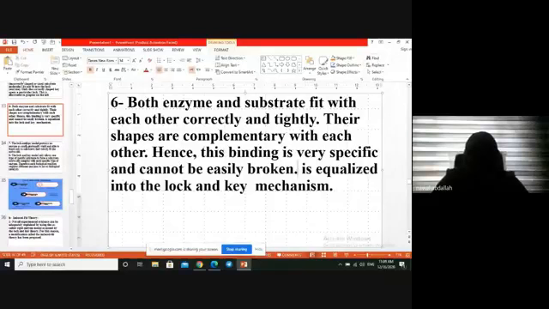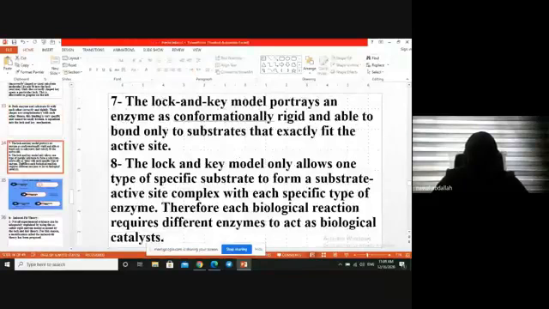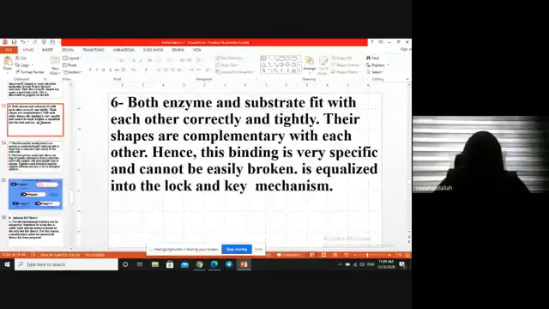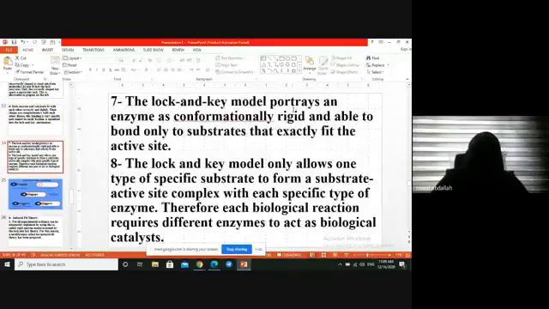The lock and key model portrays the enzyme as conformationally rigid and able to bond only to substrates that exactly fit the active site.